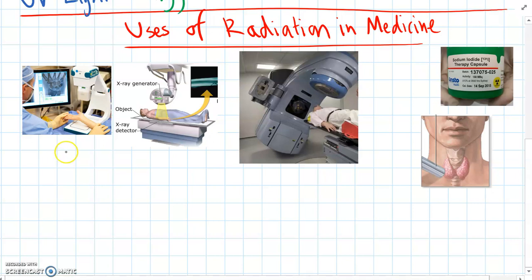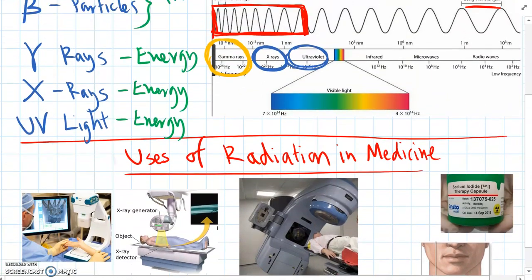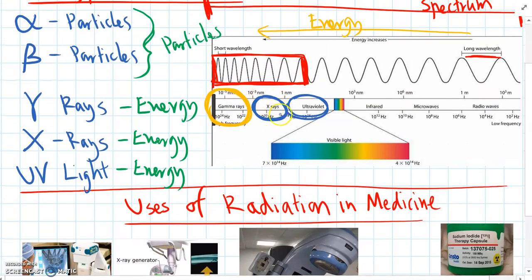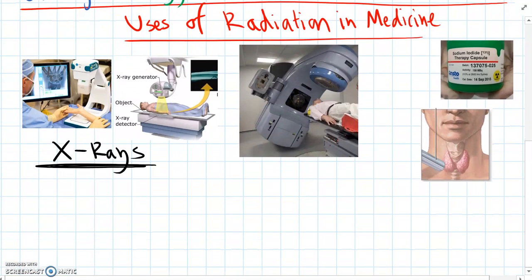The first one is one of the most common, and you've probably had one in your lifetime, especially if you've broken a bone. These are X-rays. So what we're doing in an X-ray machine is we're taking that X-ray radiation, which is still quite high energy, so they can be dangerous, and the machine sends that radiation through your body, just the part of the body that we want to scan.